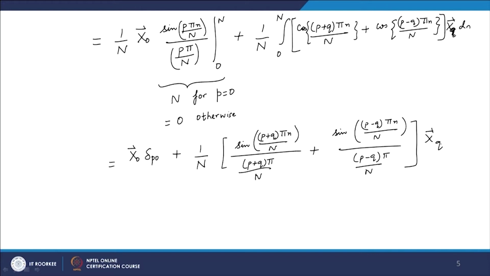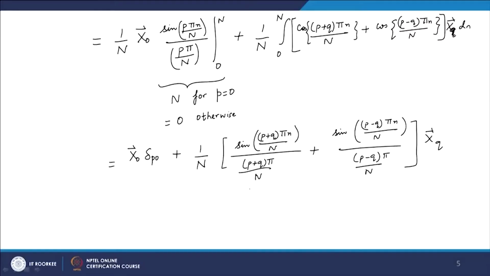So, of course, both of these are only non-zero when P is equal to Q, and as we have done earlier, this becomes delta P0 plus 1 multiplied by n multiplied by delta PQ, that is all of this.